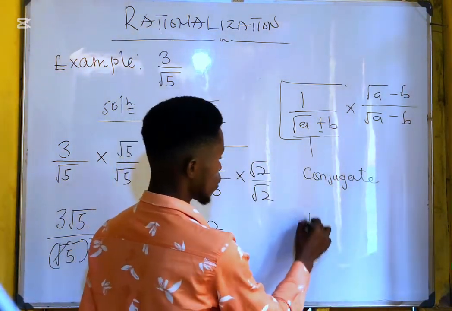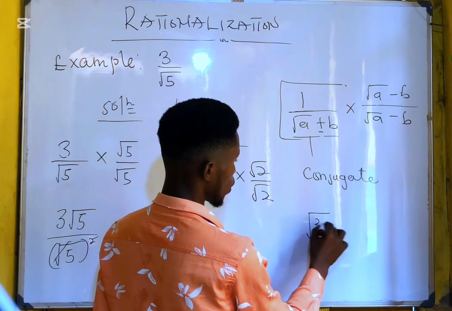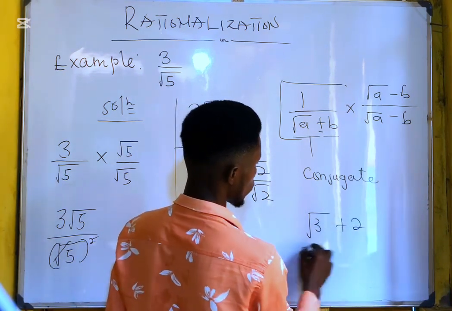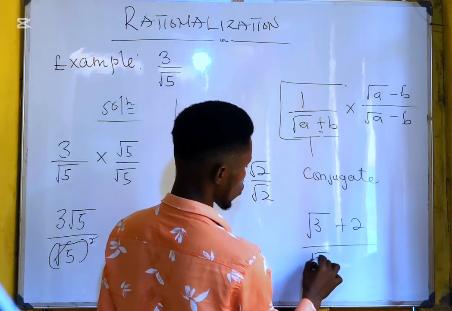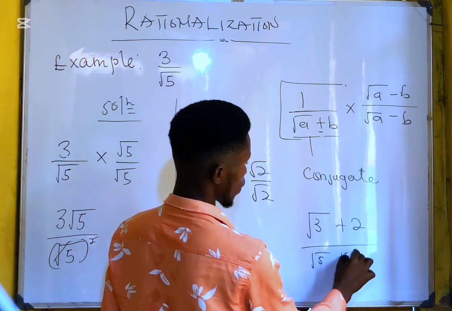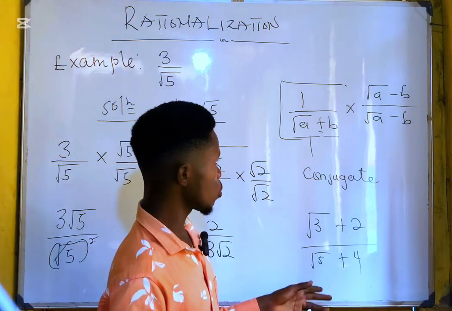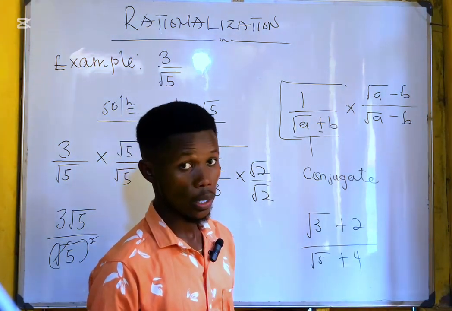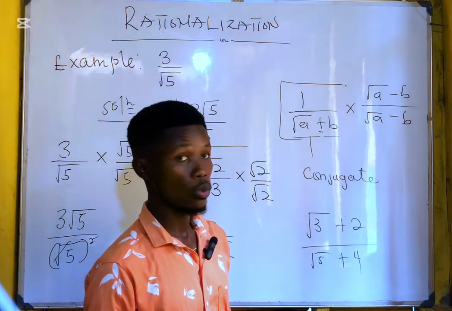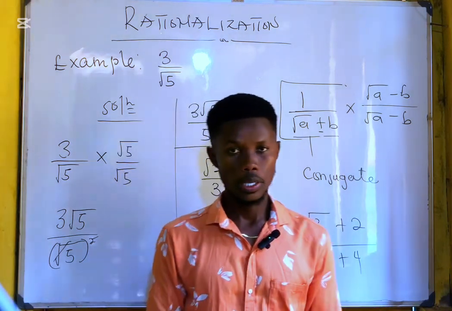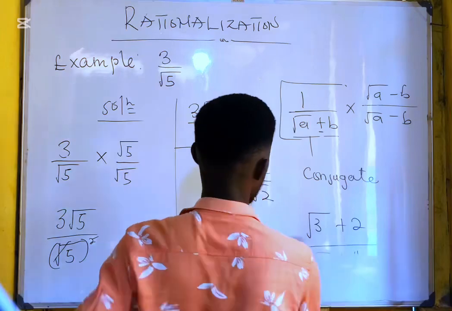If we have something like root of 3 plus 2 over root of 5 plus, let's say, 4. And you just want to know the one to rationalize. It's very simple. It depends on you. You can choose to rationalize the denominator or the numerator. Is that okay? Good.